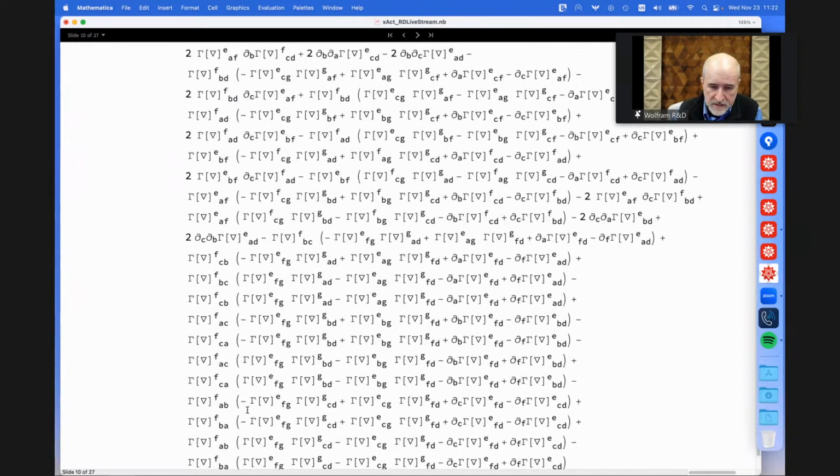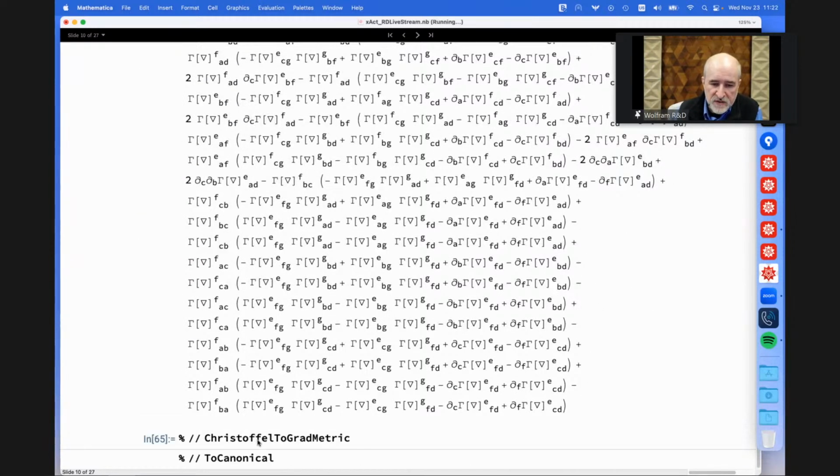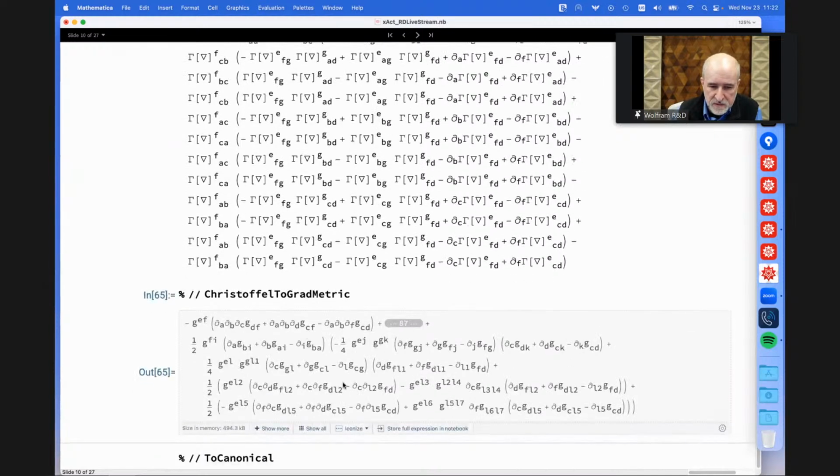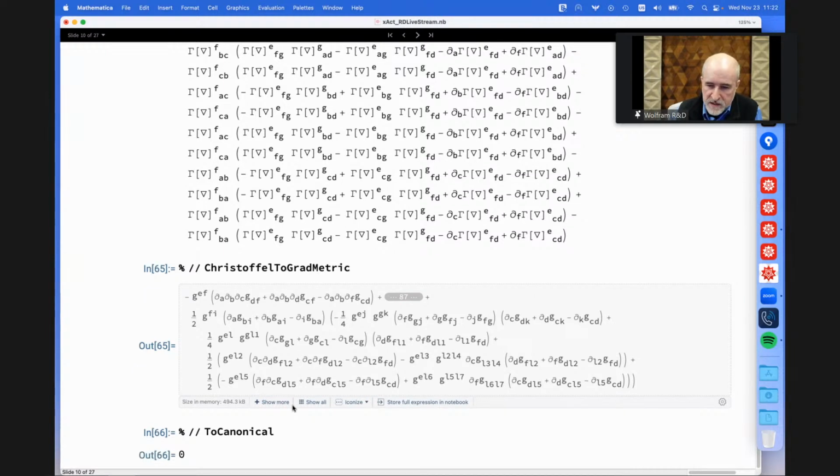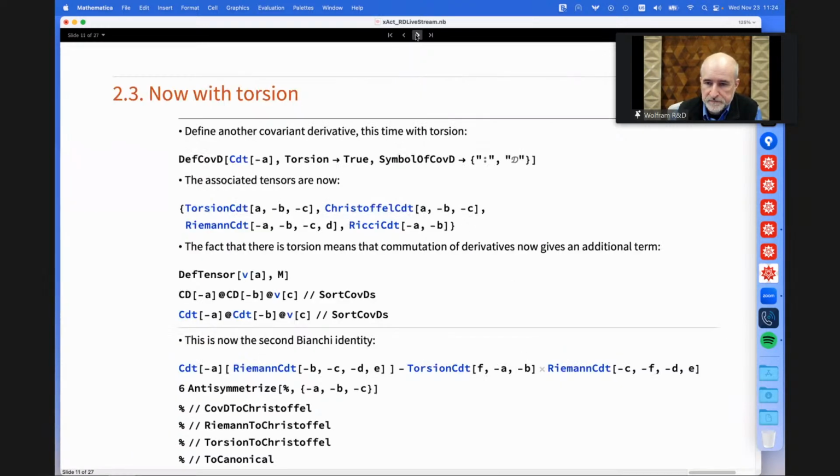So this grows already. The Christoffels into derivatives of the metric. So now this is too large and it triggers the output limiter, but ToCanonical takes now a second, but it will also realize that this is 0. Okay? So this method is just pure brute force and it's very powerful.